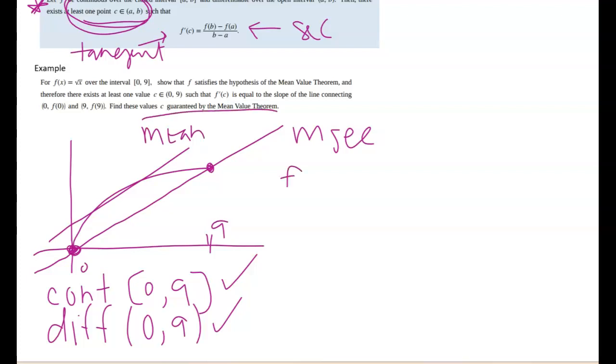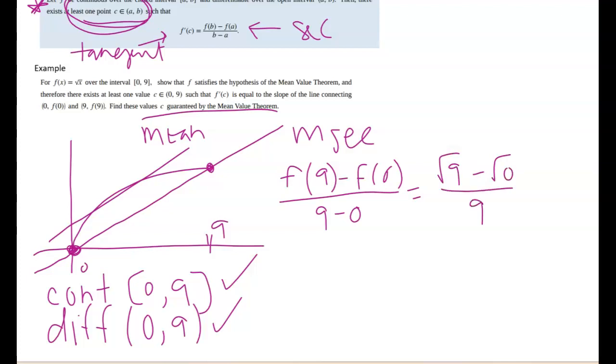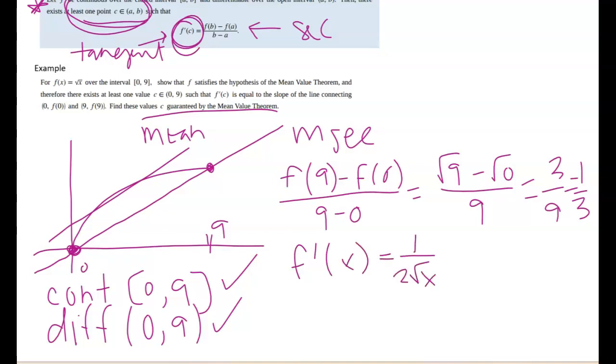So let's find f of 9 minus f of 0 over 9 minus 0 first. That's going to be the square root of 9 minus the square root of 0 over 9, 3 over 9, or 1/3. I also need to find f prime, just generically, 1 over 2 root x.